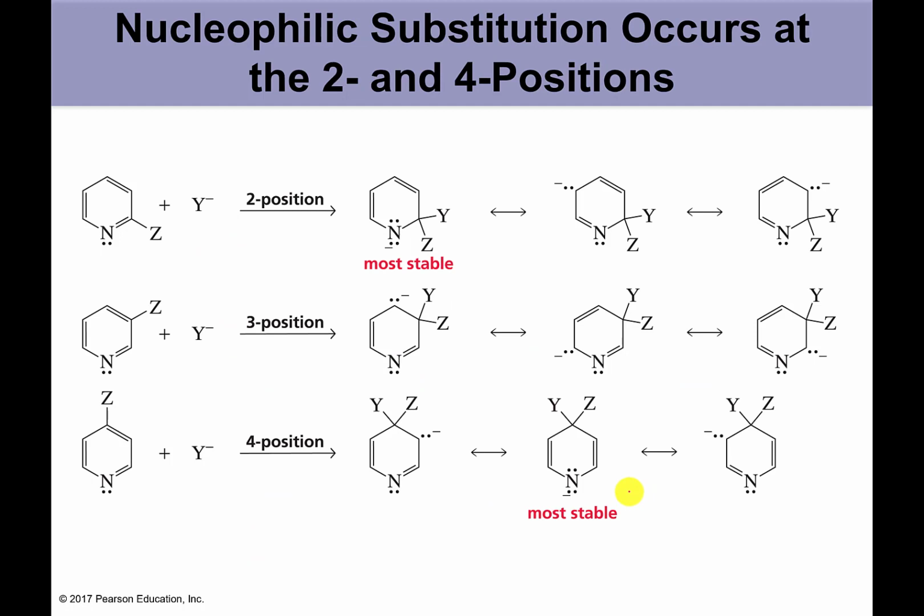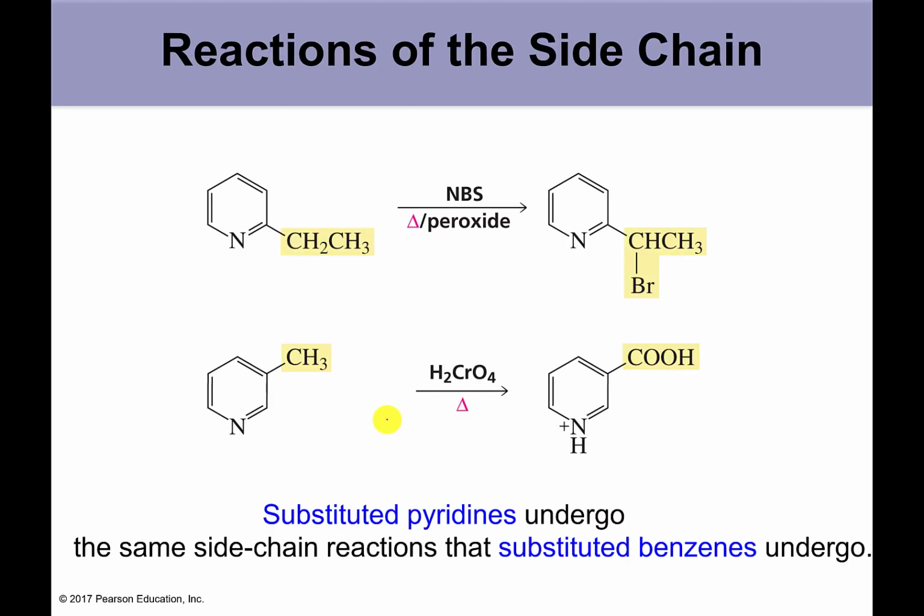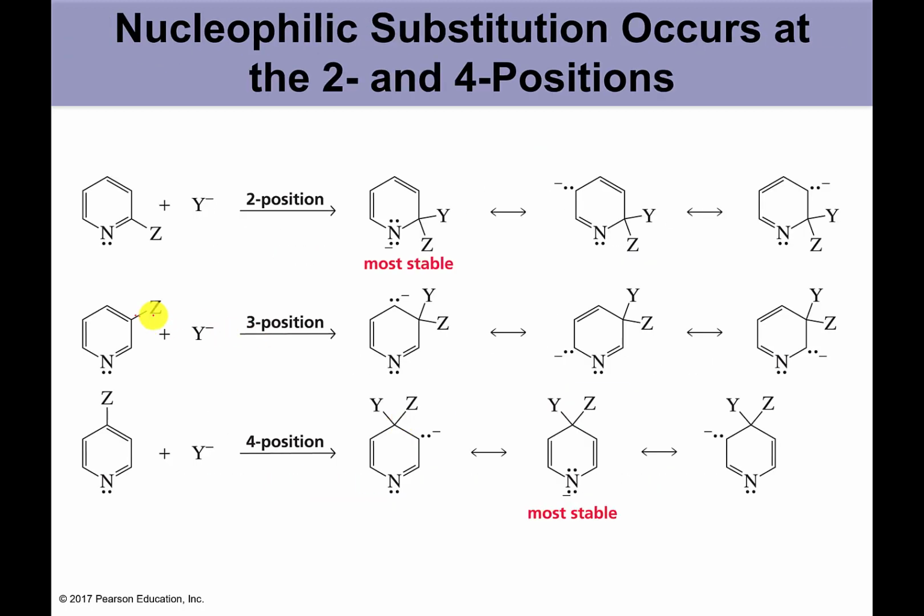We can also analyze the intermediates. If you do a 2-position substitution, what you notice is you can put the negative charge on the nitrogen, which is more stable. If you put it in the 3 position, what you find is the negative charge never actually makes it to the nitrogen, and so there's no more stable structure in any of these.